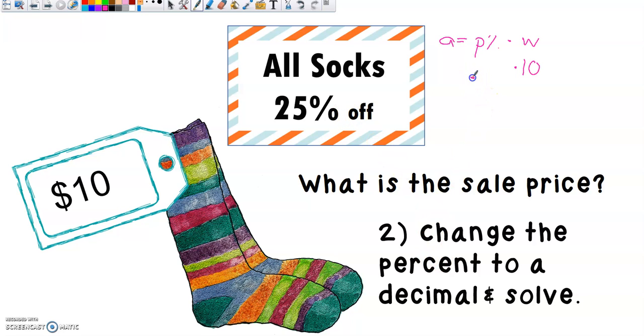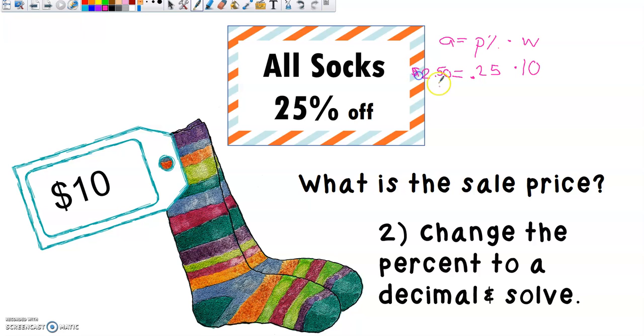So I have 0.25. 0.25 times 10. So 10 times 0.25, I'll move my decimal place over 1, and the part, 25% of $10, is $2.50.